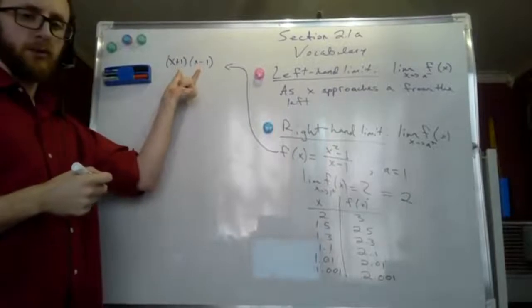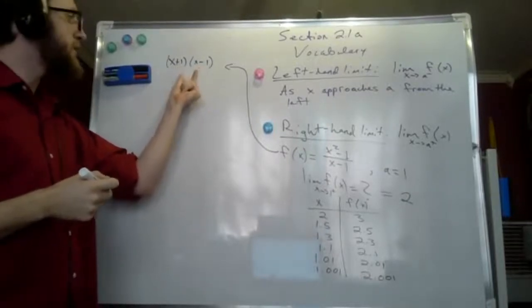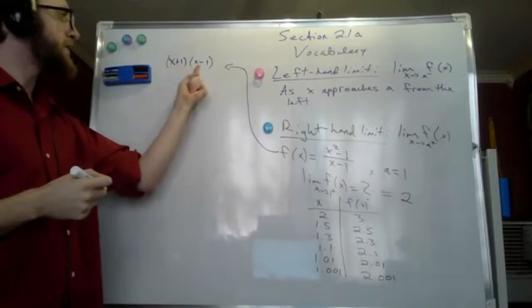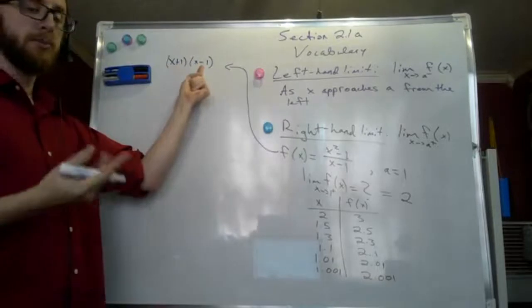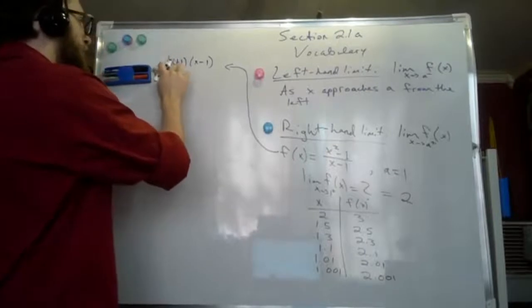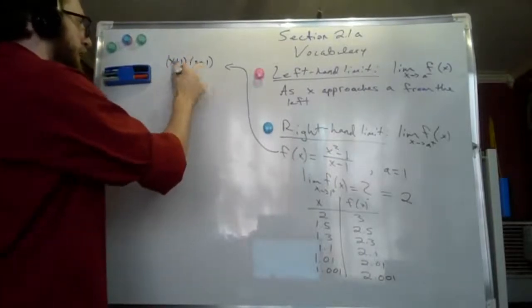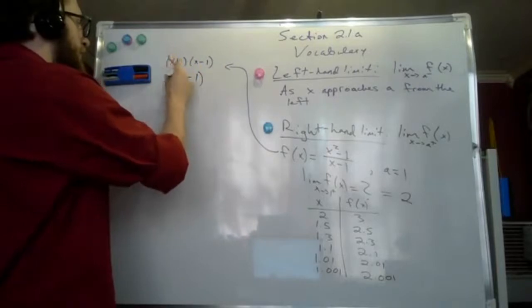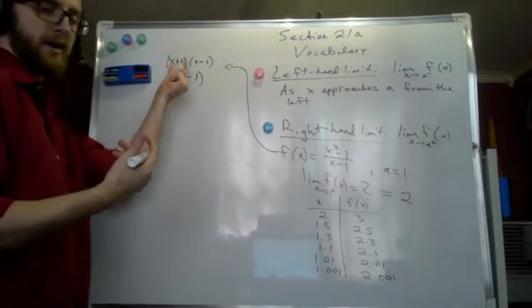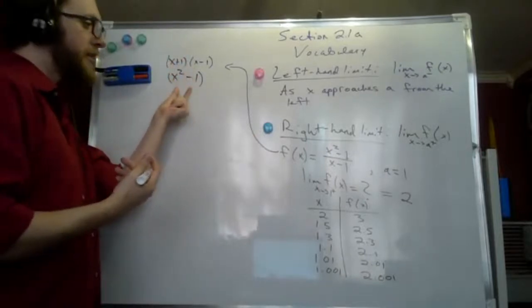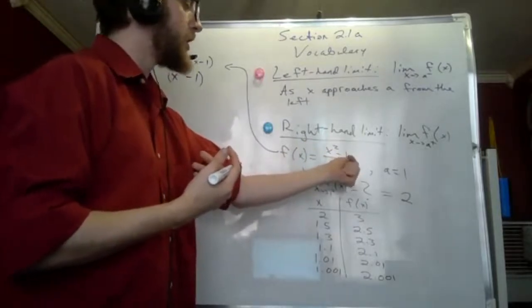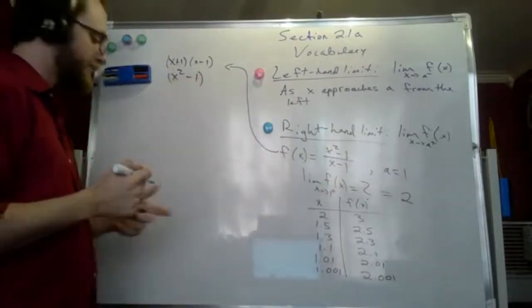When you multiply binomials that are conjugates of each other, which just means that they have the same coefficients, the only difference is that they have an opposite sign in the middle, what you get is the square of the first term on the left, and on the right, the second number squared. The middle term is going to cancel. So this is a nifty trick. Whenever you see an x squared minus a perfect square, you can always factor that into its conjugates.